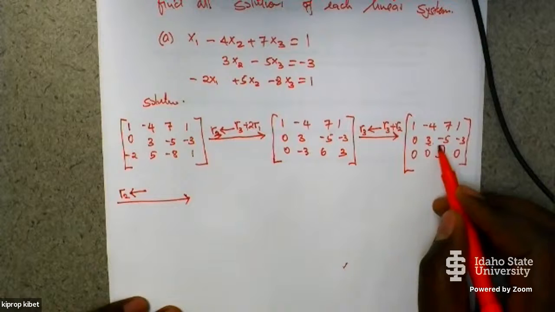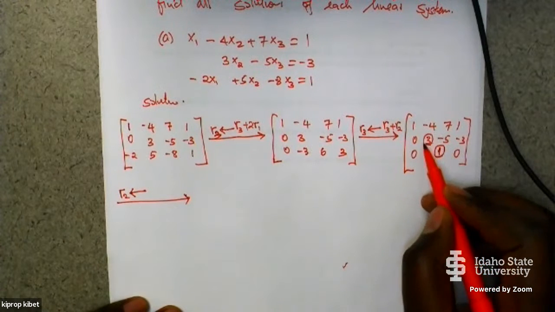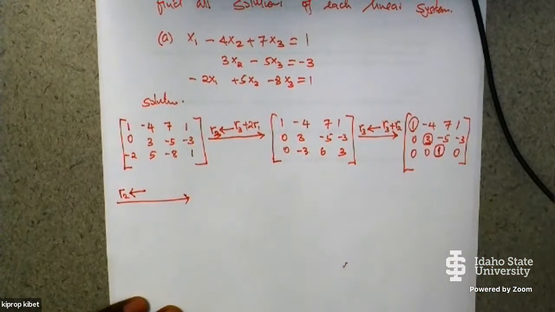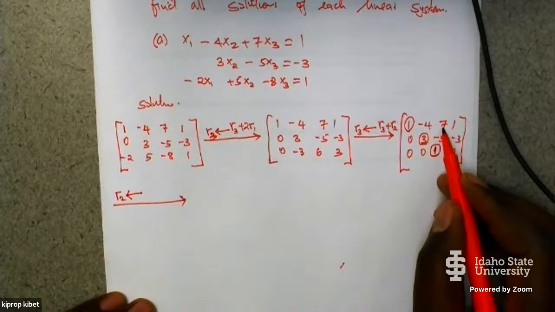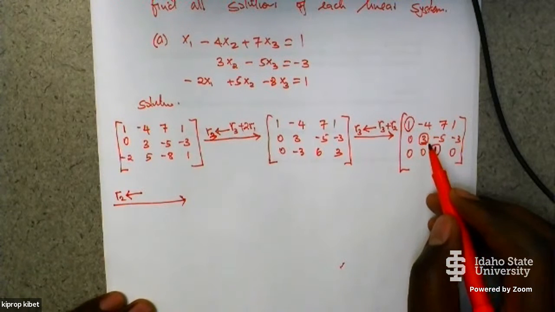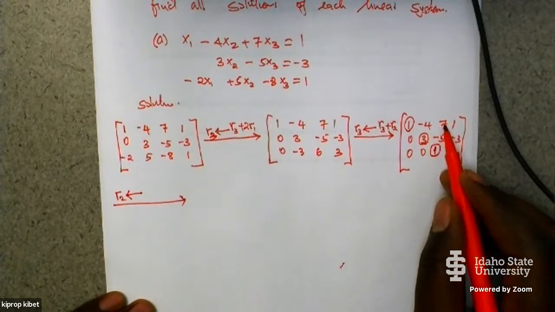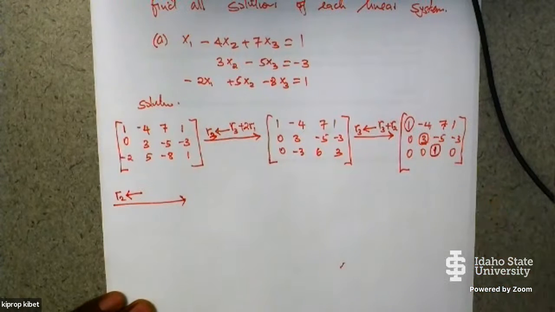These are the leading entries there, so those are the pivot positions. We want to make these zeros above the pivot position. We want to make this 0, this one 0, and this one 0.